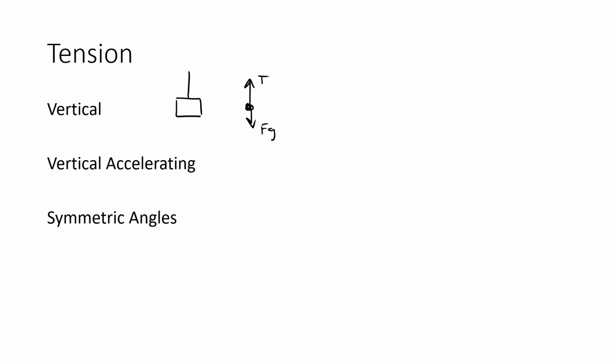Symmetric angles. Here we go. Let me draw it first. So what if we have something that looks kind of like this? Here's the ceiling, or just like an immovable surface, and we have something like this.